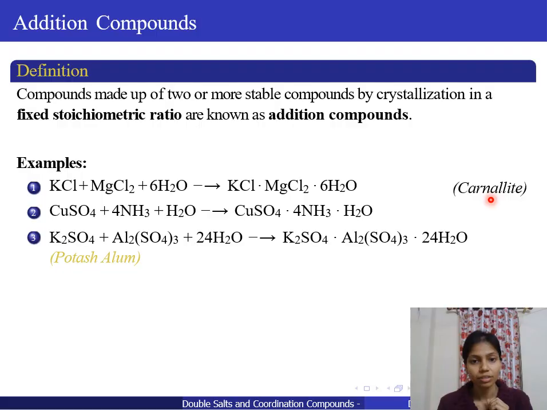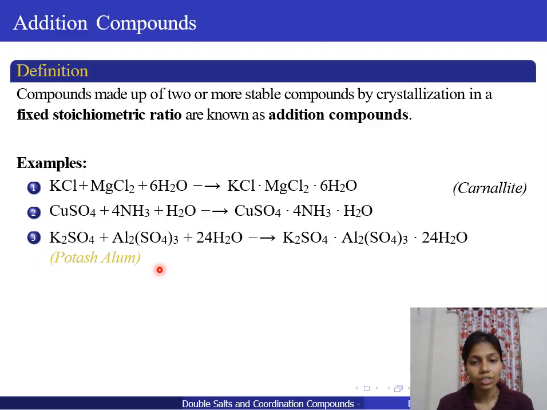Good. And then you can see the next example where copper sulfate and ammonia are used. 1 mole of copper sulfate and 4 moles of ammonia will make another addition compound. If you take one in excess amount, that will remain as excess and will not take part in forming the addition compound.